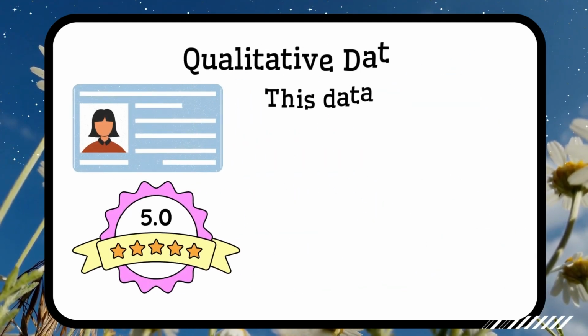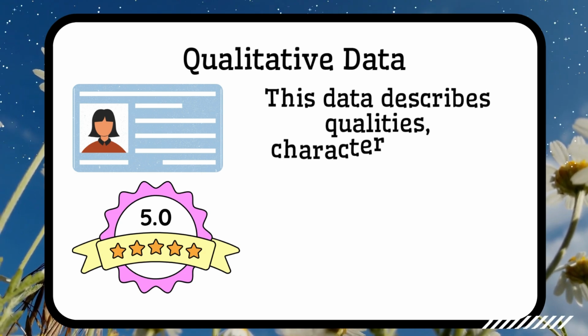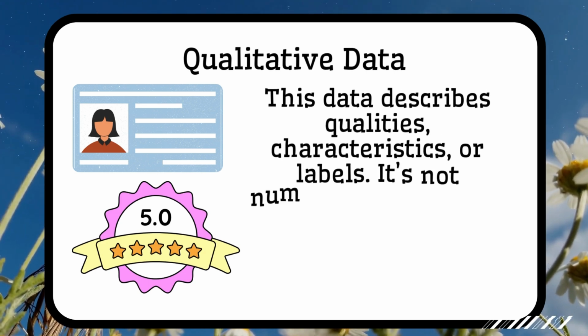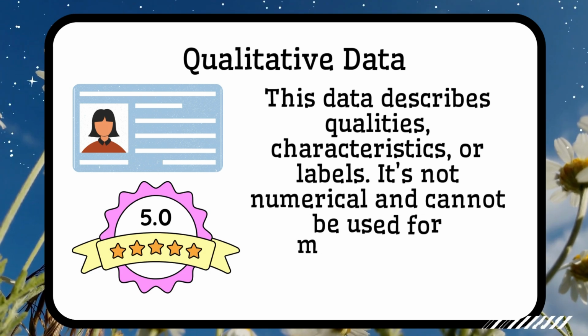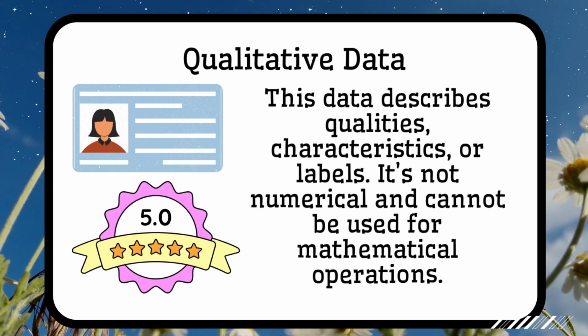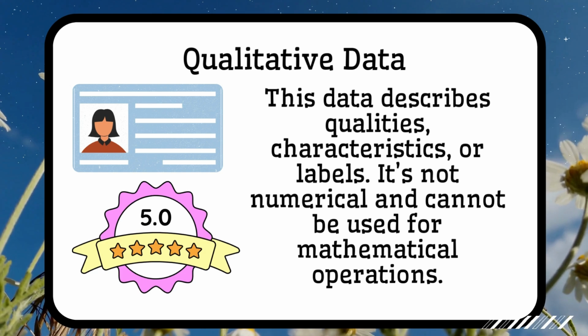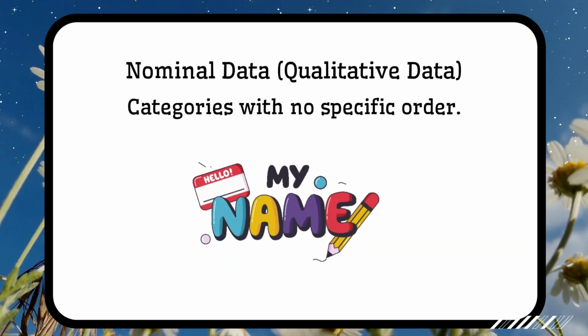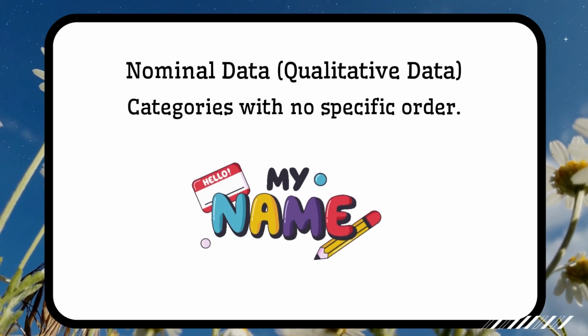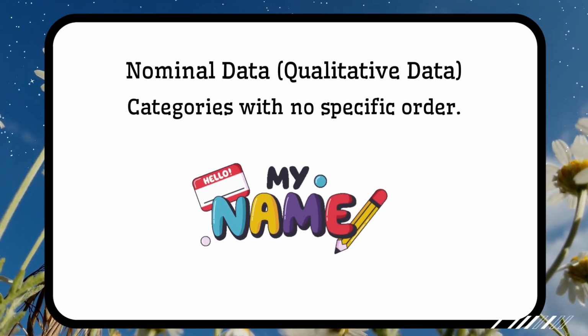Qualitative or categorical data. This data describes qualities, characteristics, or labels. It's not numerical and cannot be used for mathematical operations. Types of qualitative data include nominal data and ordinal data. Nominal means names.